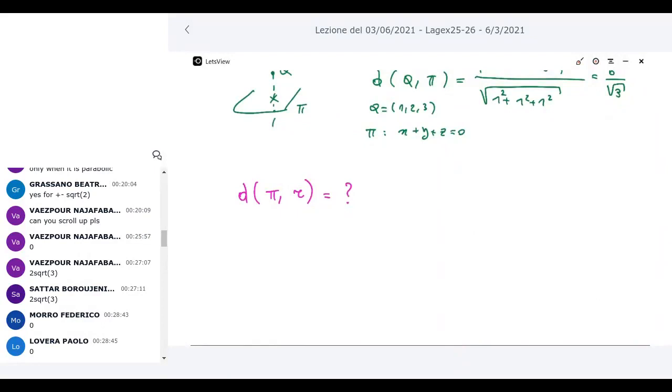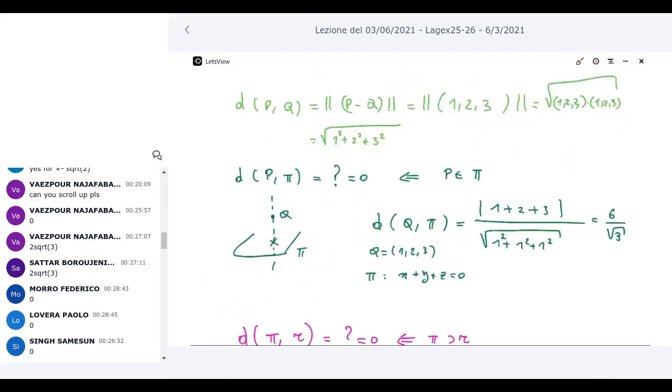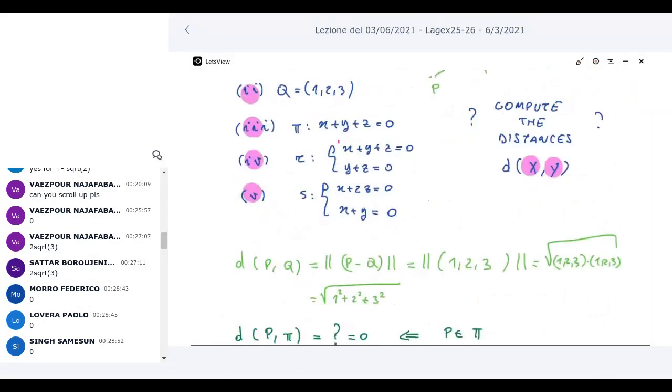Federico Morro says 0. Why is that the case? Because the plane pi actually contains line r. So you get 0 because pi contains r. Why is that the case? Well, because you see that one of the equations of r is exactly the equation of the plane.